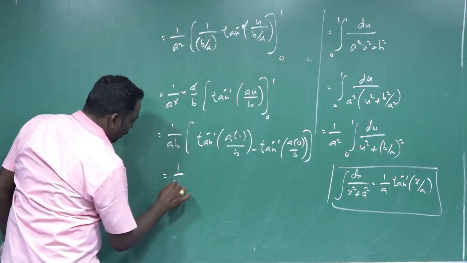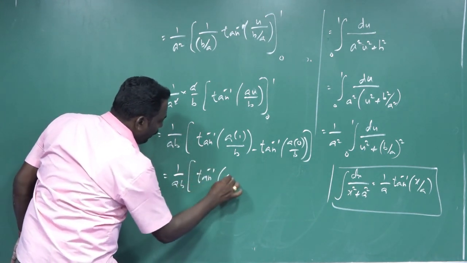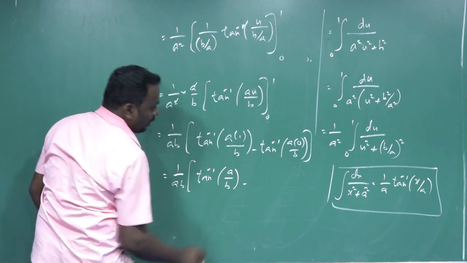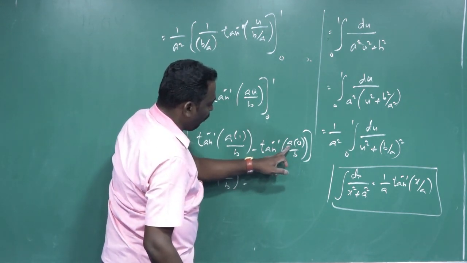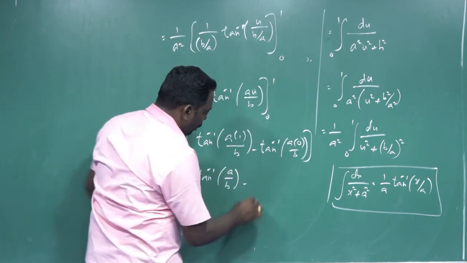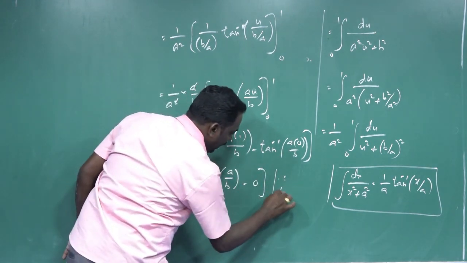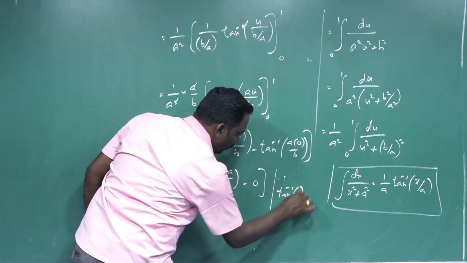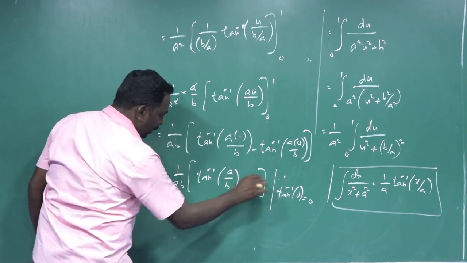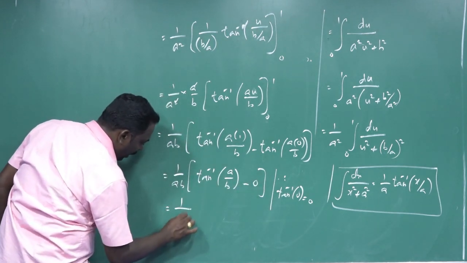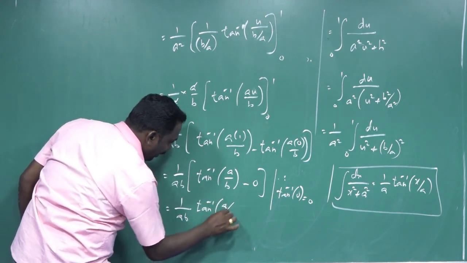That is equal to 1 by ab within the bracket of tan inverse of a by b minus tan inverse of 0. Tan inverse of 0 equals 0, since tan 0 equals 0. Therefore that term will cancel. That is equal to 1 by ab into tan inverse of a by b.